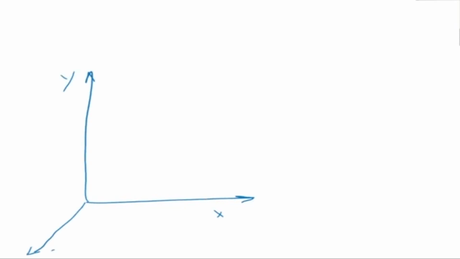So we have two frames. Let me draw it a little bigger. This is my x-axis, that's my y-axis, and this is my z-axis. So we have two frames, frame A and frame B. This is my frame A. And we have another frame which is rotated, which is the red one, which is here.